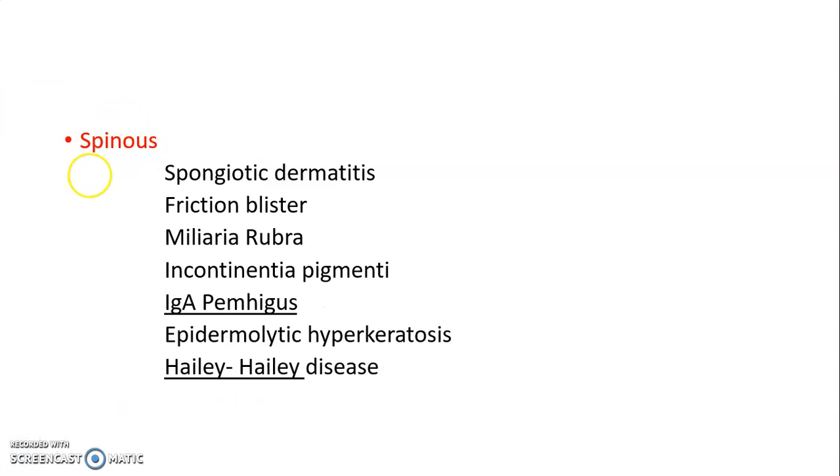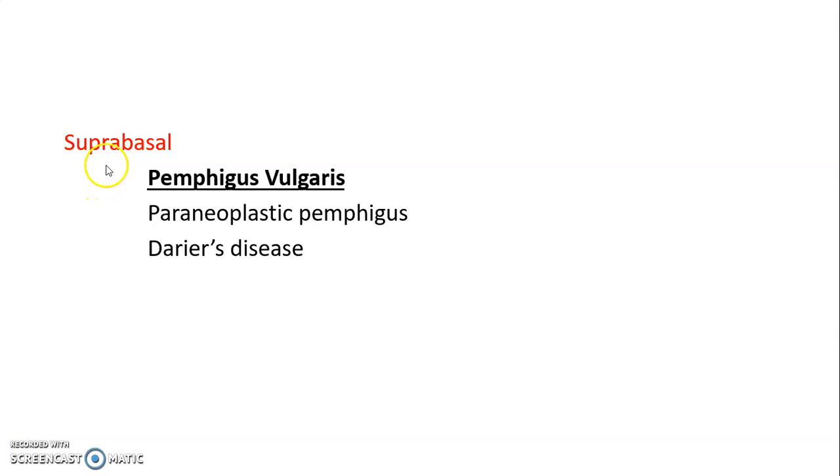At the level of the spinous layer: spongiotic dermatosis, friction blister, miliaria rubra, incontinentia pigmenti, IgA pemphigus, Hailey-Hailey disease, and epidermolytic hyperkeratosis. The suprabasal blisters are characteristic of pemphigus vulgaris, paraneoplastic pemphigus, and Grover's disease.